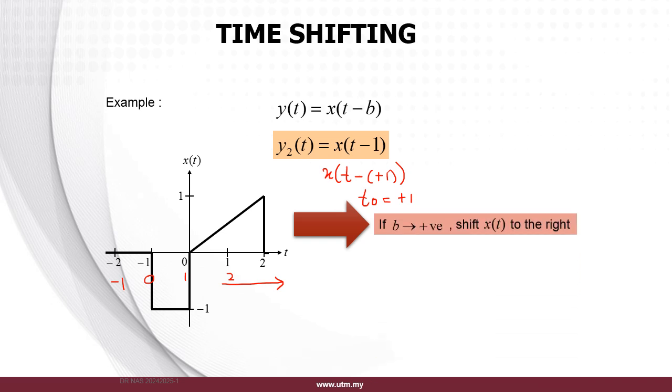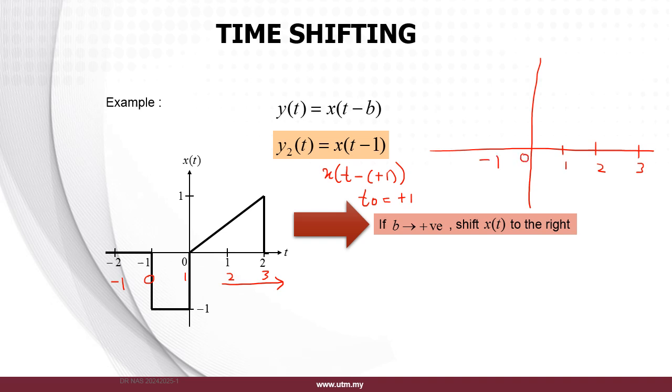So how does the signal look? Now 2 becomes 3. Okay, so you have 0, and then you have 3, and then you have 2, and then you have 1, 0, and negative 1.